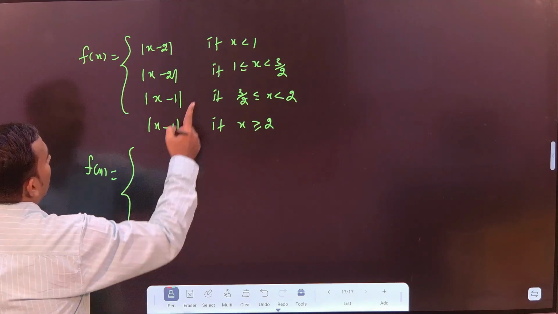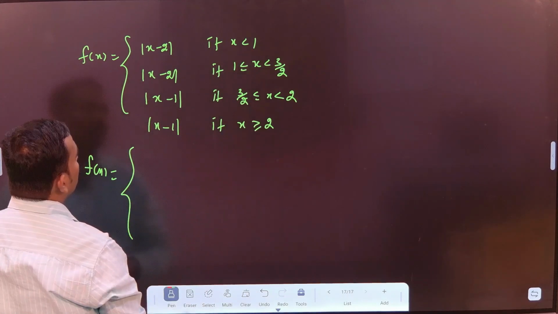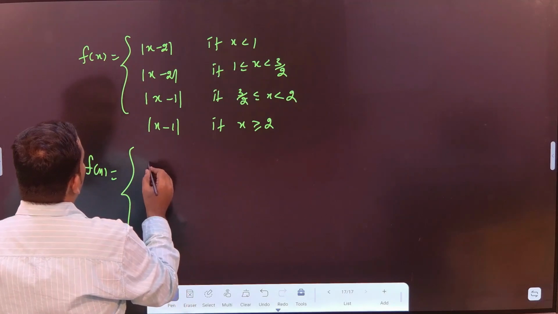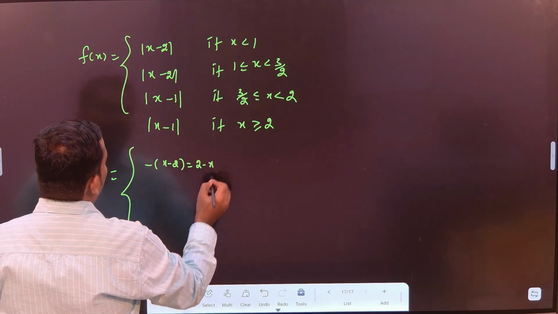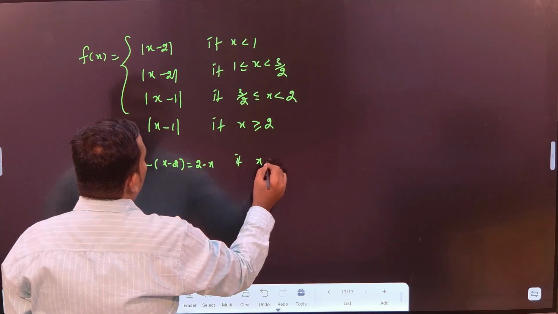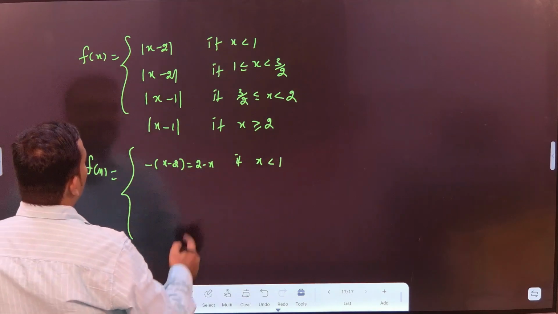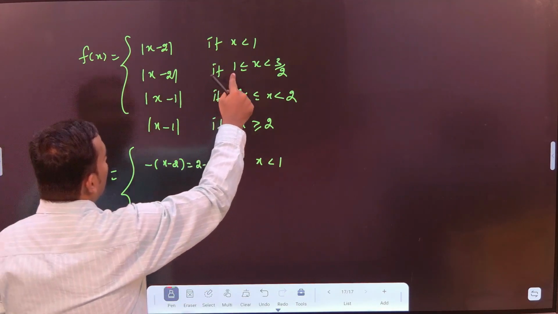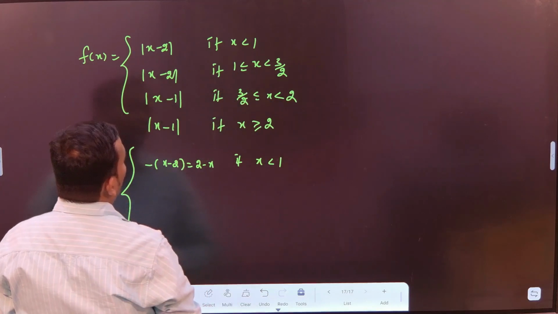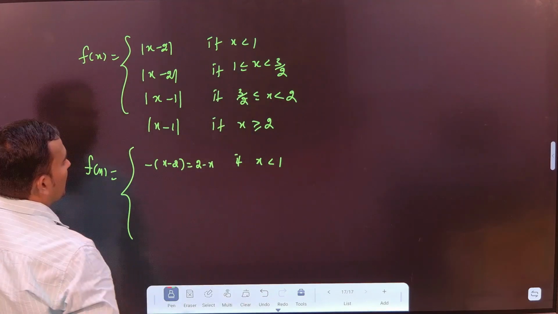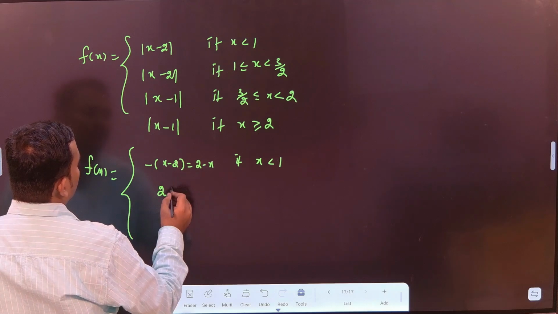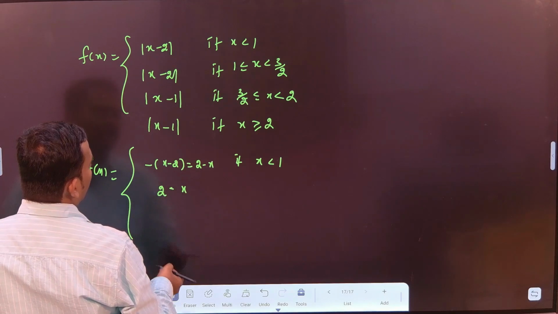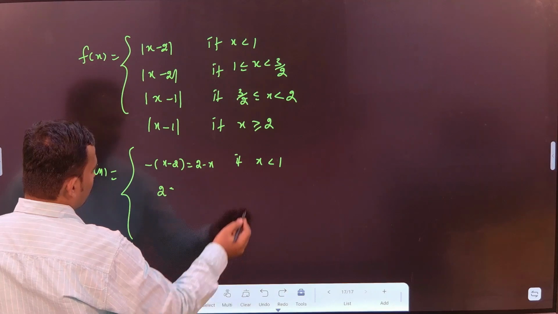Okay, fine. So how to redefine this again? You can see when x is less than 1, x minus 2 is negative, therefore minus of x minus 2, that is 2 minus x, if x is less than 1. When you take x minus 2 and add 1 minus 2, that is minus 1, definitely again it is negative, right? So 2 minus x only. So better, you redefine this function.